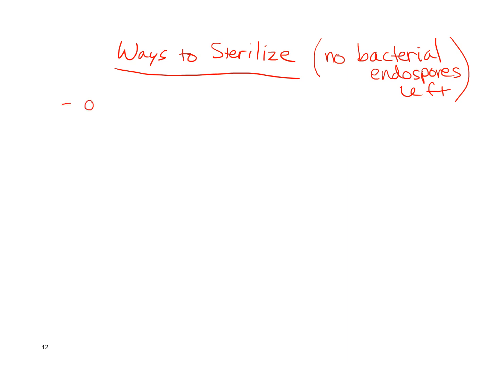We talked about using an autoclave. But remember that you can't use that for things that don't do well with high heat or maybe the steam. So if you have plastics, an autoclave would not be a good choice. We also have dry heat.